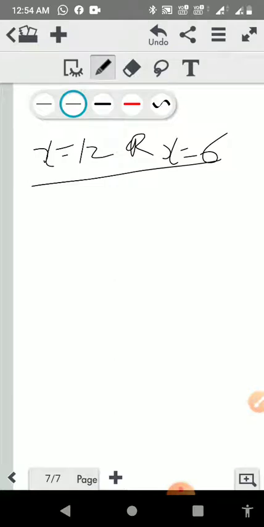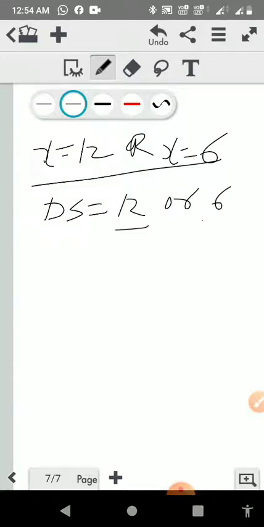But what is the value of x? We have assumed that x is DS, so DS is 12 or 6. In which condition it is 12 and in which it is 6 is not asked, but you can easily write it.